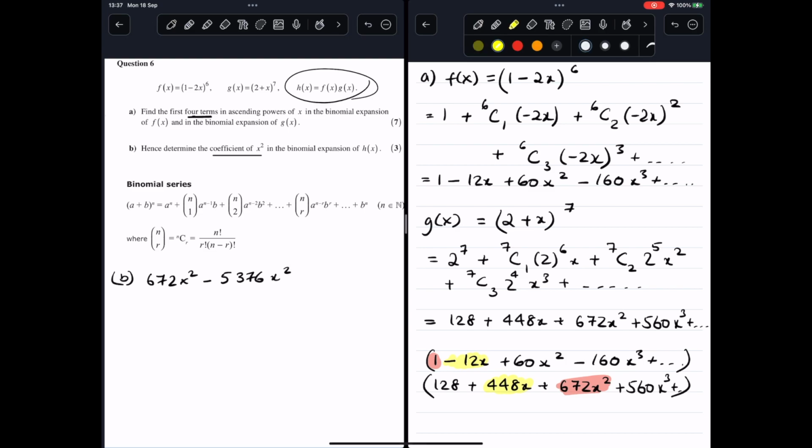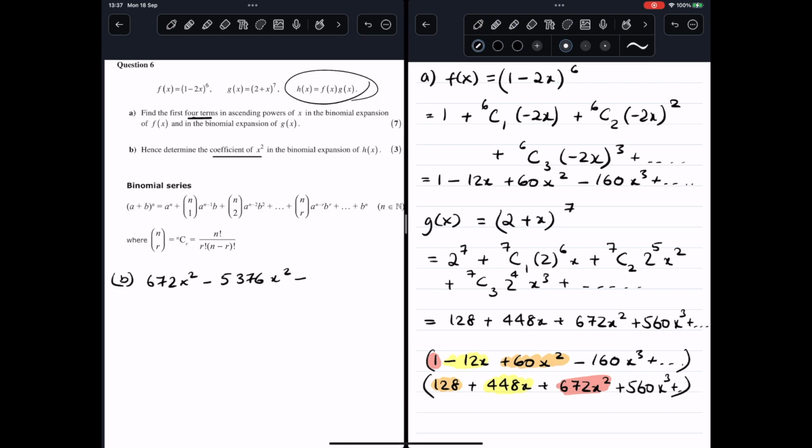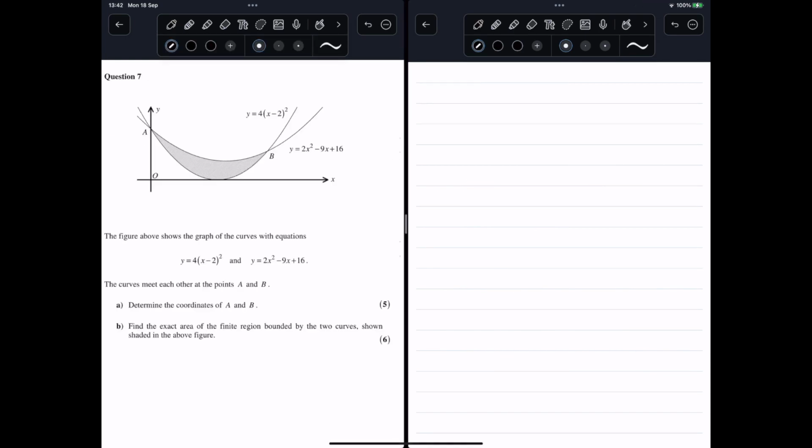And finally, I've got the 60x squared, which needs to be multiplied with 128. So that will give me 7,680x squared. So those are all my x squared terms, and I just need to simplify this to 2,976, and that will be my answer.